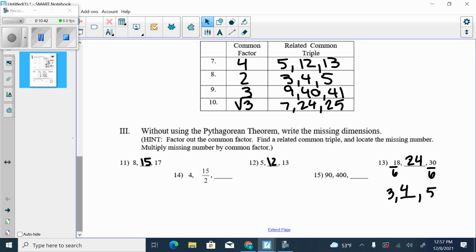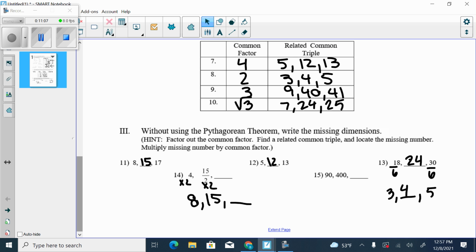All right, number 14. Okay, obviously 5 over 2 is not going to be one of our commons, right? So how could I get rid of the divided by 2 there? Multiply by 2. So that's what I'm going to do to each term, times 2. Okay, so 4 times 2 would give us 8, 15 over 2 times 2 would just be 15.